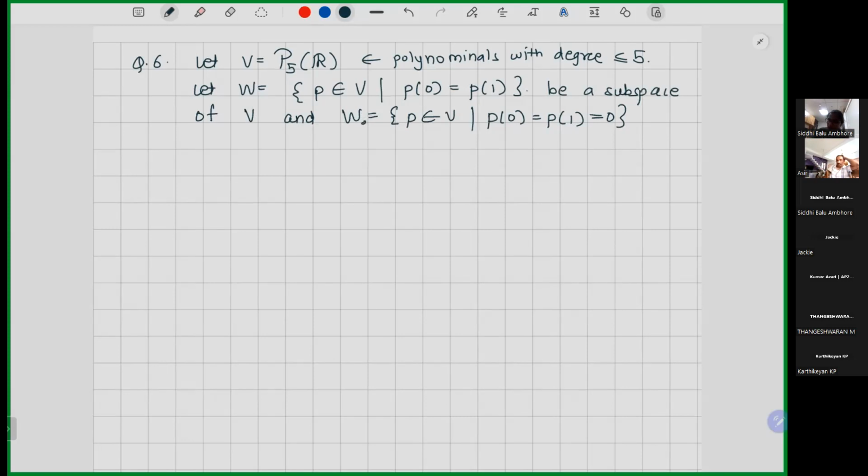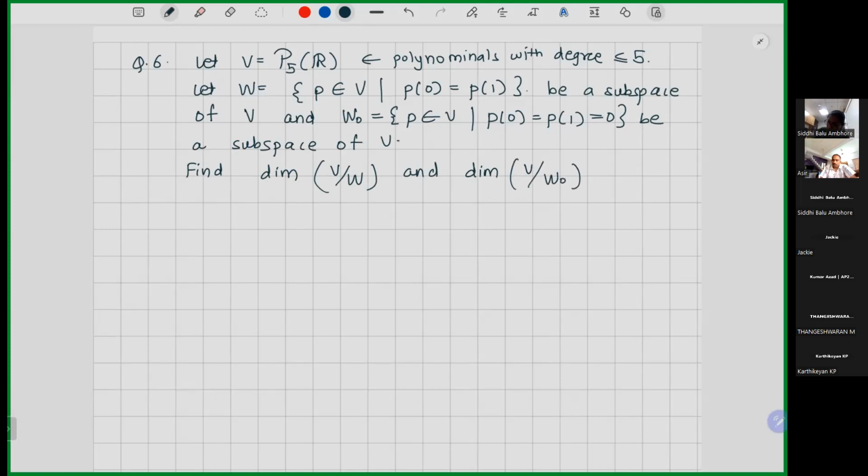So this W naught is again a subspace of V. And now I want to find the dimension of V mod W and the dimension of V mod W naught.